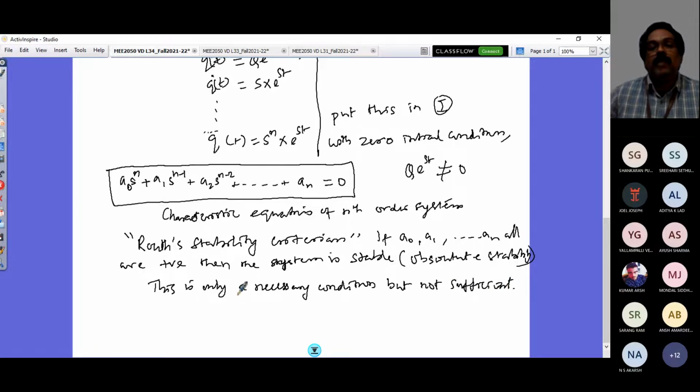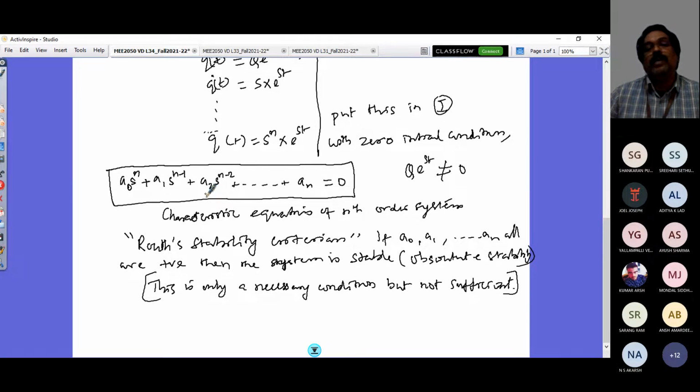Why? Though all these terms are positive, the positive value of the coefficients depends upon the parameters of the system. If a variation in the parameters happens, then any of them can at any time turn negative or 0, and then absolute stability is a question mark.